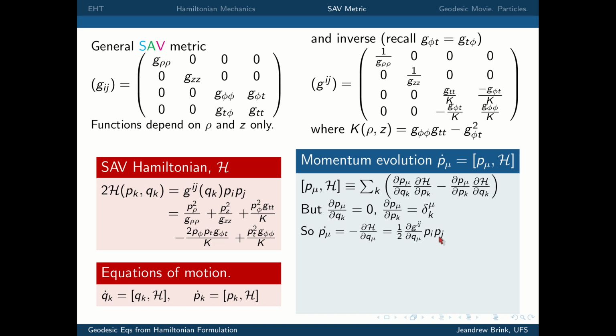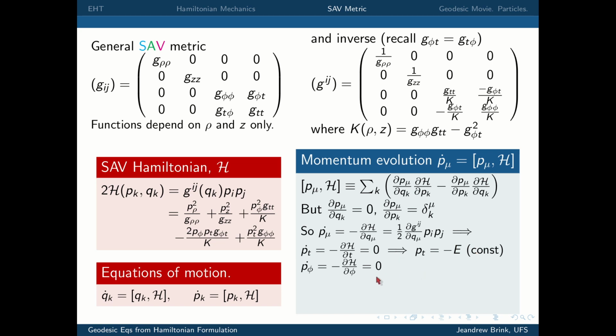Explicitly, because we've assumed that the metric does not contain functions of time, in our stationarity assumption, we have that dH dt equals 0. Therefore, we can immediately integrate what pt is. It's simply a constant, and we call that constant minus E. It actually refers to the energy, or the local energy of the particle.